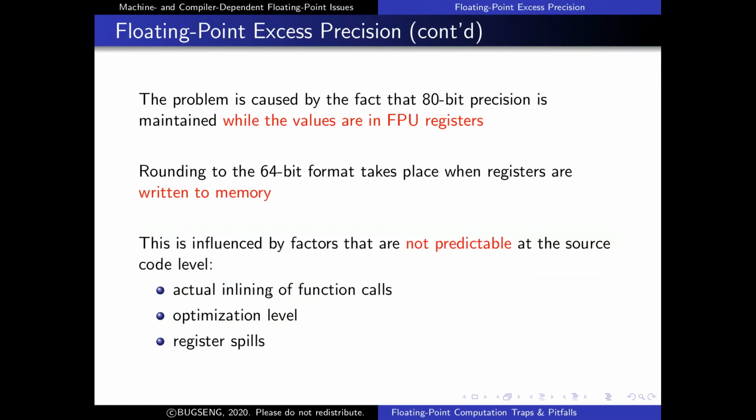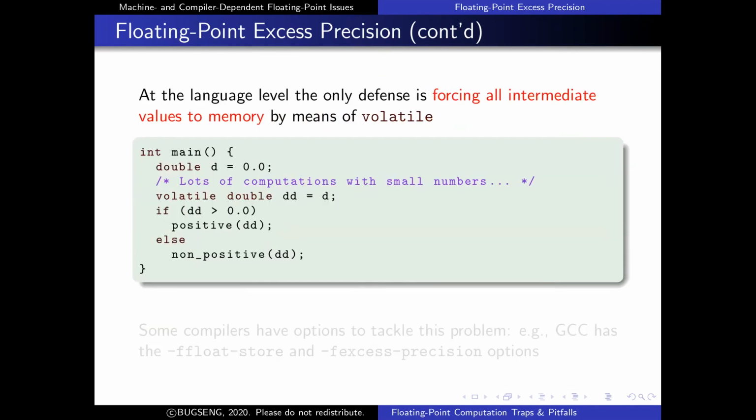In turn, inlining is influenced by optimization level, and this writing can occur via register spills. When the compiler is compiling code, it needs a free register, so it spills one register to memory and then reloads it again. This is very, very common, and as I said, it's completely unpredictable by looking at the source code alone.